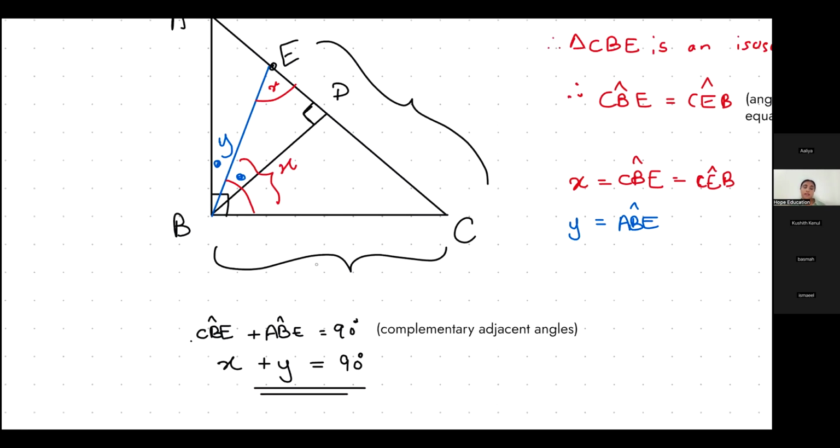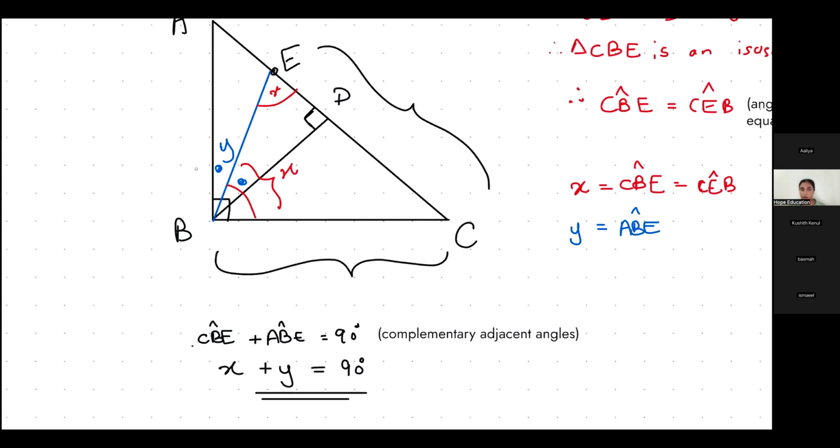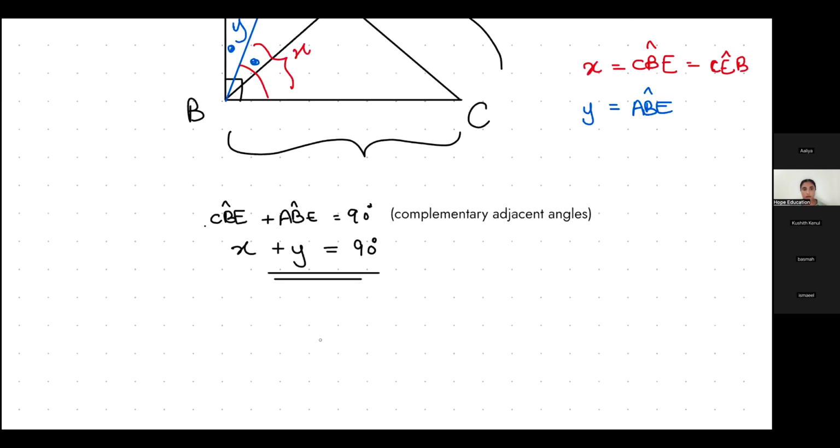All right. Then, x plus y makes 90 degrees. That is all good. Here, what I can get is that y equals 90 minus x, because when you bring x to the other side, it becomes minus.